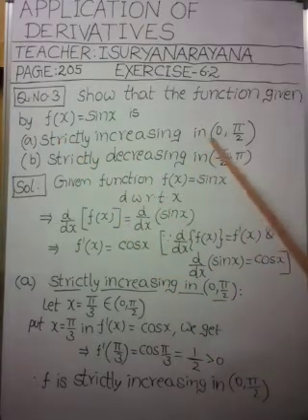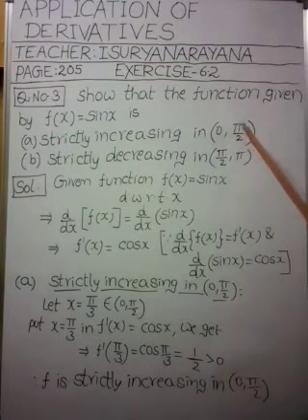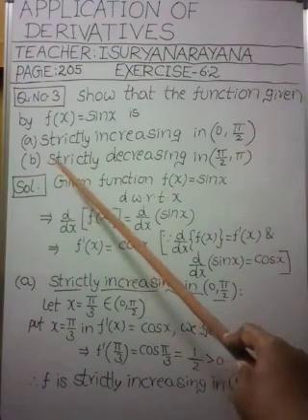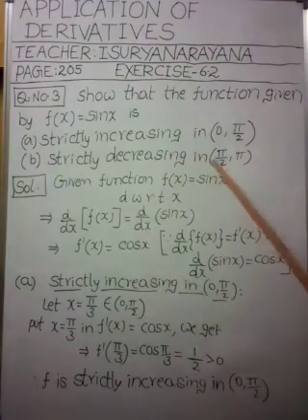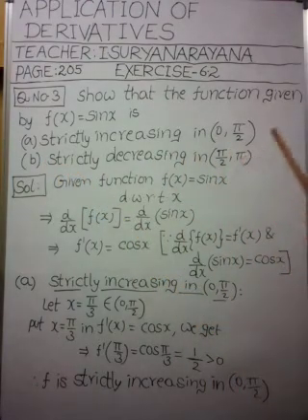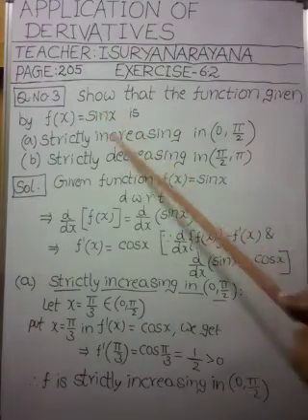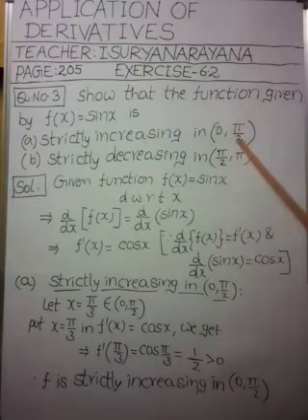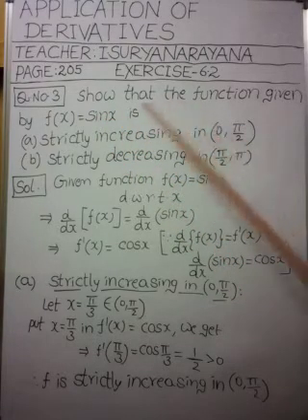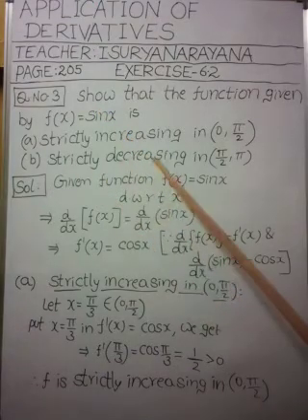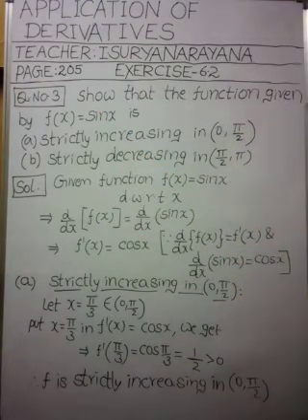A, strictly increasing in the open interval 0, pi by 2, and the second part B, strictly decreasing in the open interval pi by 2, pi. Understood this question, my children? In this interval, we have to show that the given function is strictly increasing, and in this second interval, we have to show that the given function is strictly decreasing. Understood this question, my children?